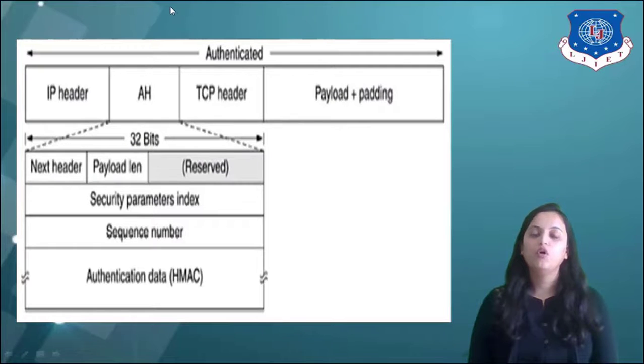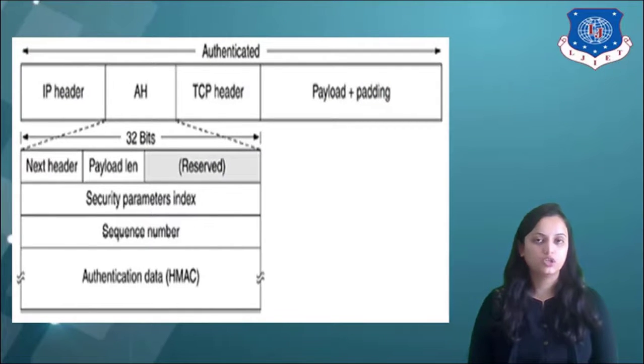This is the diagram of the IP security structure, or you can say header structure. Let us understand each of these in detail. Here the first field is the IP header. Then the next field is AH, that is authentication header.